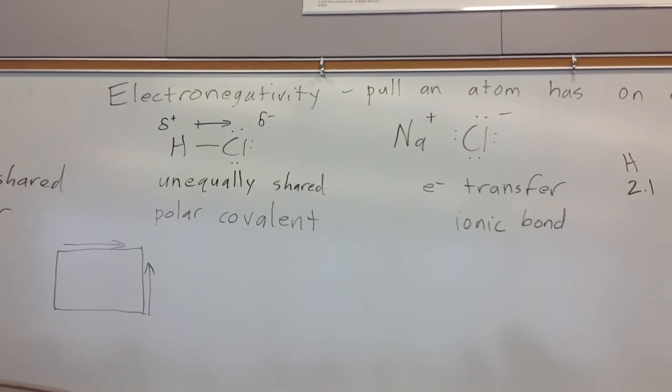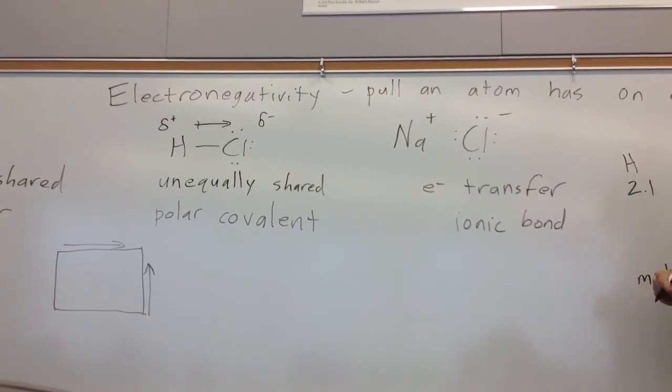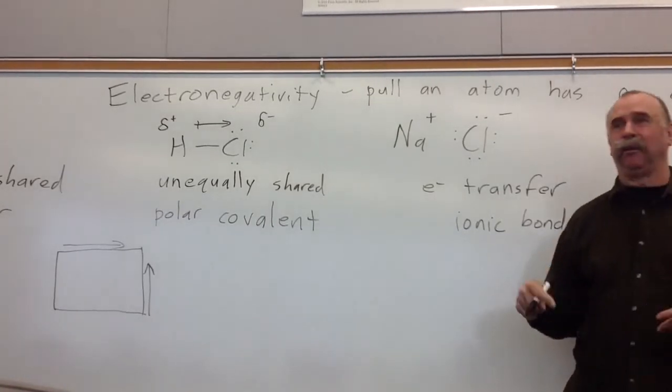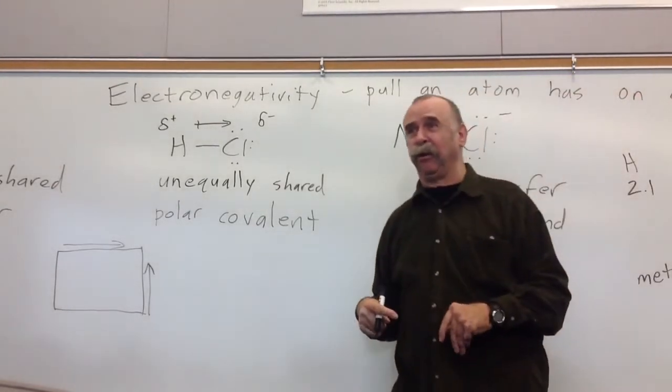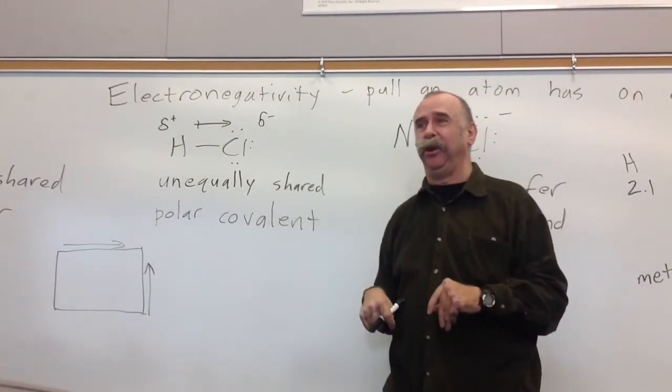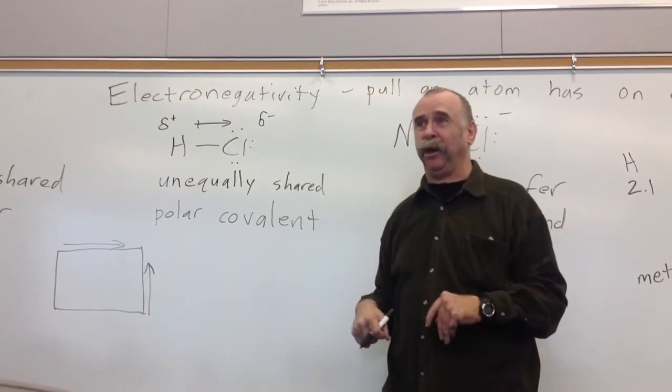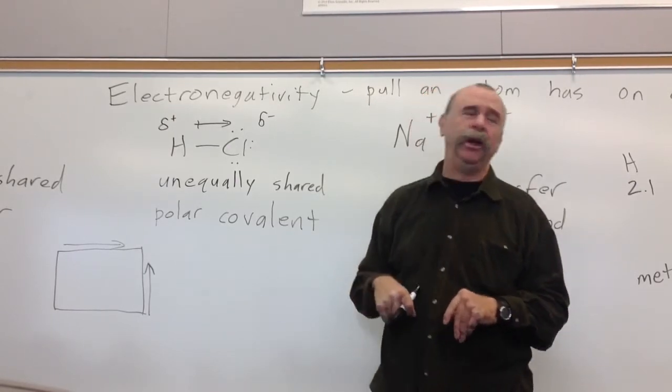In general, we're going to say that nonmetals are greater than 2.0. What do you think metals are going to be in general? Less than 2.0? There are a few weird exceptions. Things like gold and a few of the other coinage metals go slightly over 2, but 2.0 is usually a pretty good cutoff.